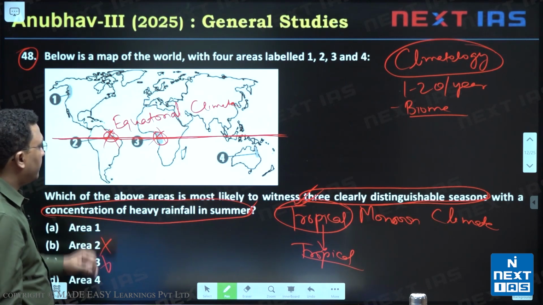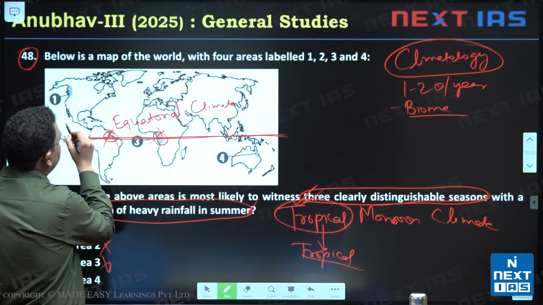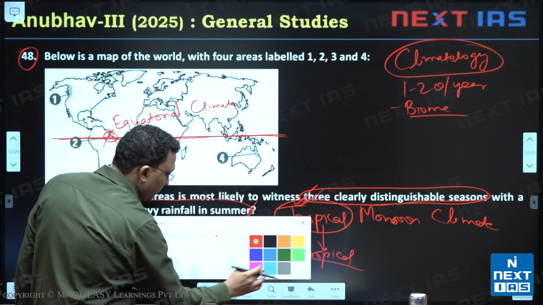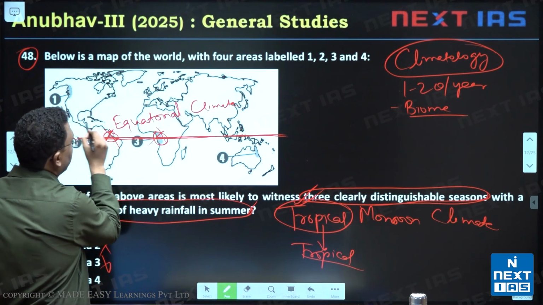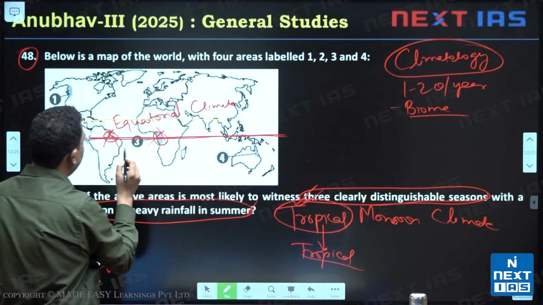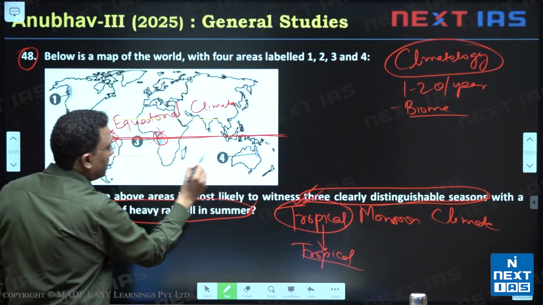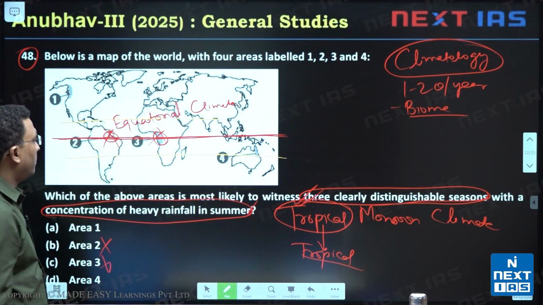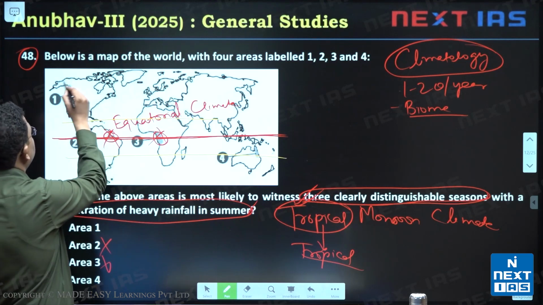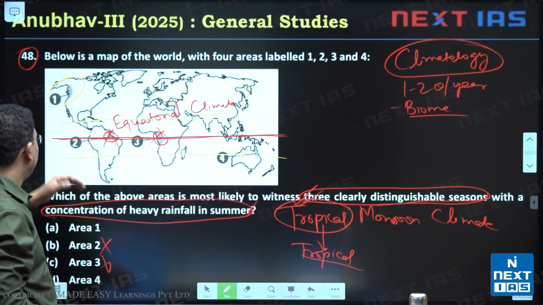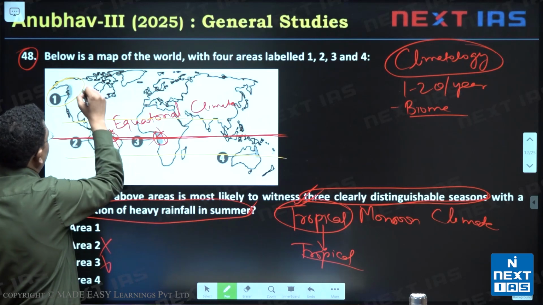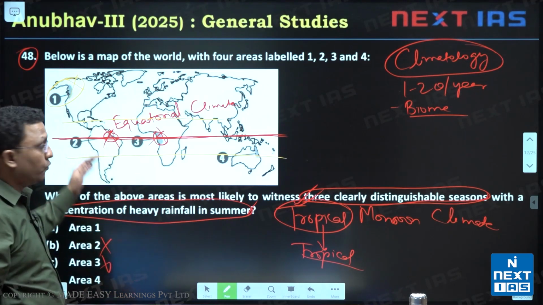Now if you see, the tropic will lie somewhere here. So tropic will lie something like this. This will be Tropic of Cancer and this will be Tropic of Capricorn, right? And if you see, this area 1 is lying much beyond tropic, right? So this cannot be in tropical monsoon climatic zone, right?